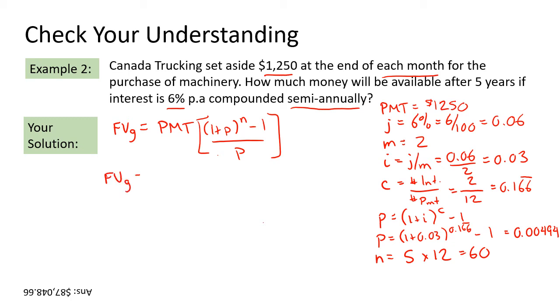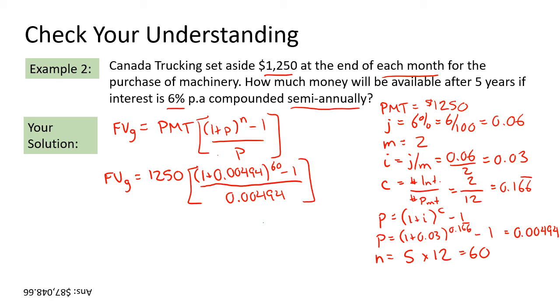Our future value is equal to our payments, $1,250, times 1 plus, remember this equivalent interest rate, 0.00494, to the exponent n, which is 60, minus 1, divided by 0.00494.